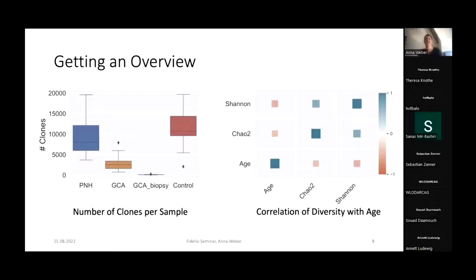But that also means that diversity measures aren't really going to be useful in our analysis because they are very much influenced by age, and we have this age imbalance between the GCA patients and the healthy controls. So all the effects that we might be finding there, we can never really trace them to the disease. There's always this high likelihood that it's just related to age.